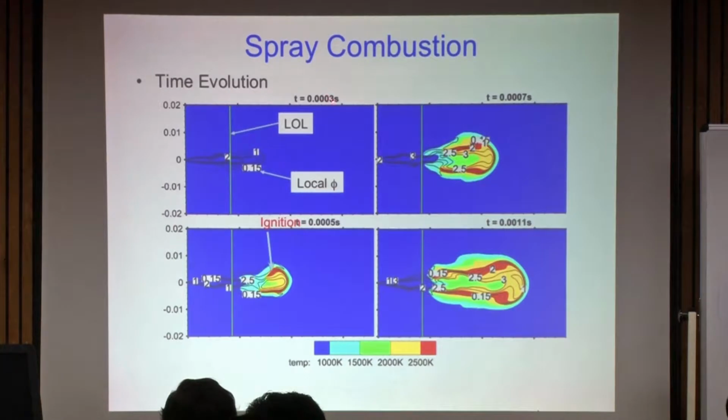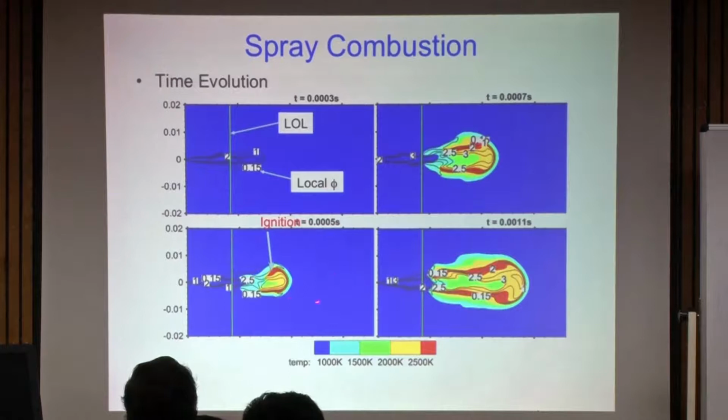You can see 0.0003 seconds starting from 0, and then at 0.7 millisecond, oh, sorry, we should go here first. At 0.5 millisecond, the spray gets ignited. And ignition occurs in a rich mixture. The equivalence ratio there is about 2.